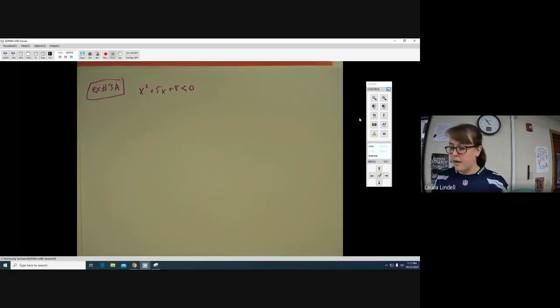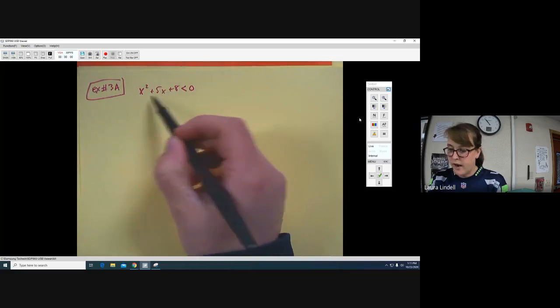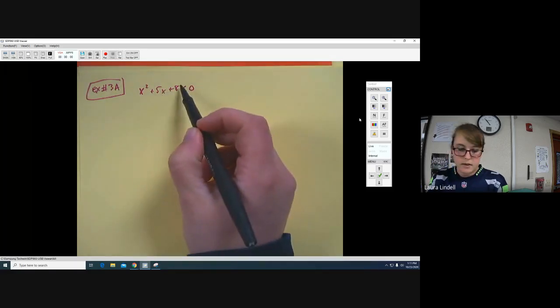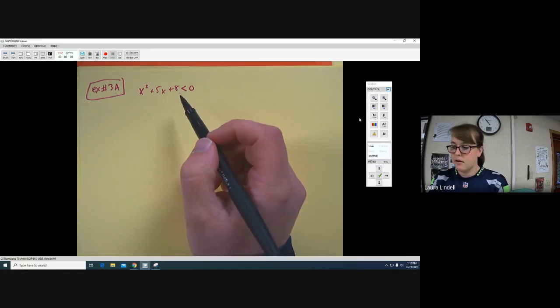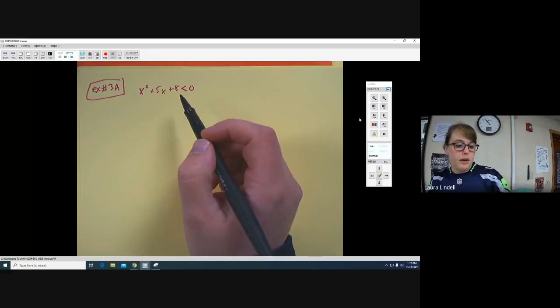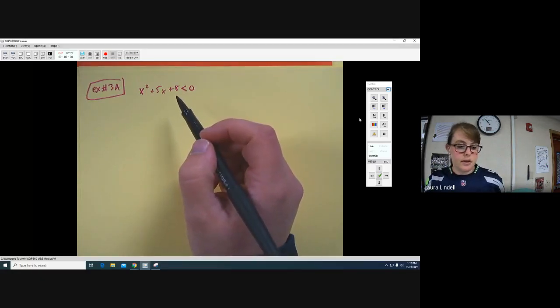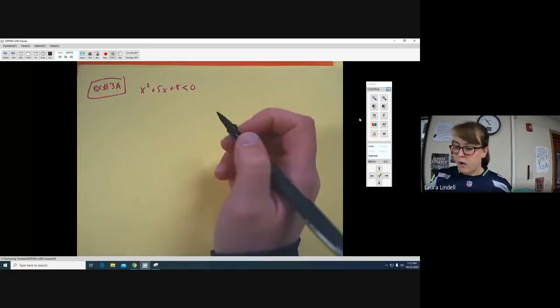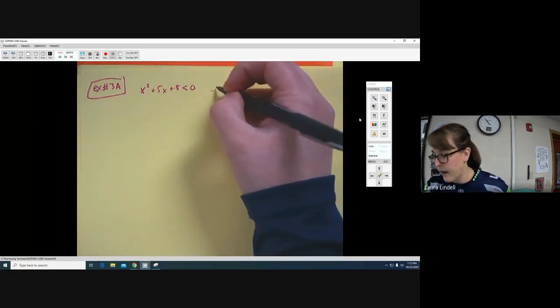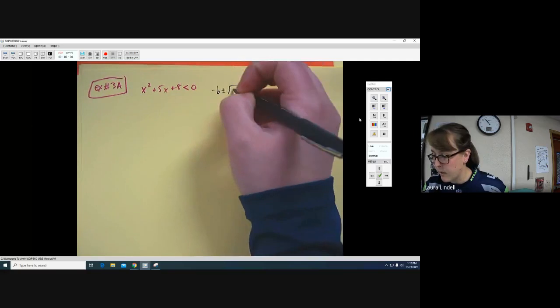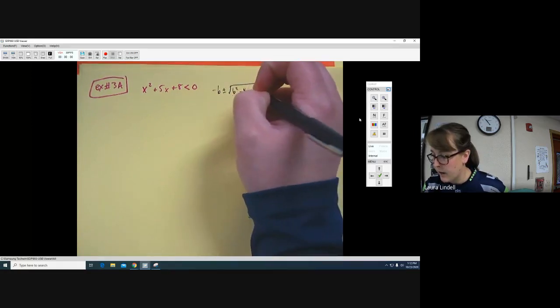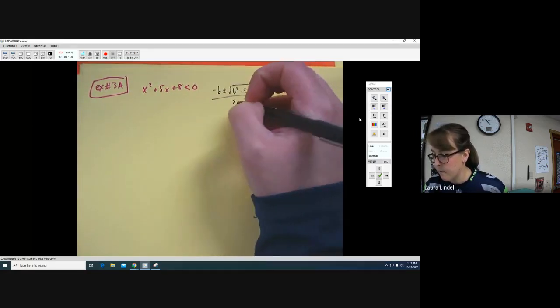Because you look at it and go, well, if I try to factor this thing, there's nothing that multiplies to 8 and adds to 5. Those things don't exist. So we want to grab that quadratic formula, and we also might want to graph this. We're going to look at both of those things. So the quadratic formula, remembering: negative b plus or minus the square root of b squared minus 4ac, all over 2a.